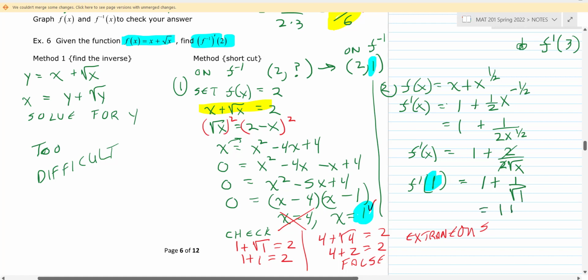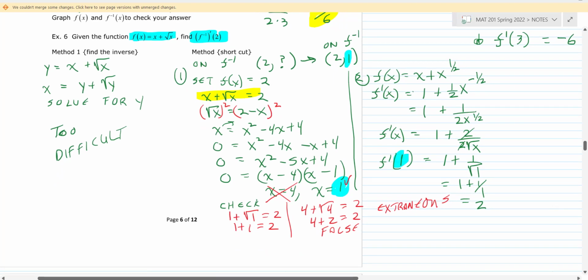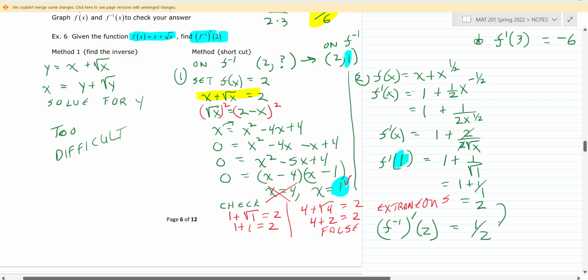So that's 1 plus 1 over 1, which is equal to 2. And then we can conclude that the derivative of the inverse at 2 is equal to, not 2, but the reciprocal of that.